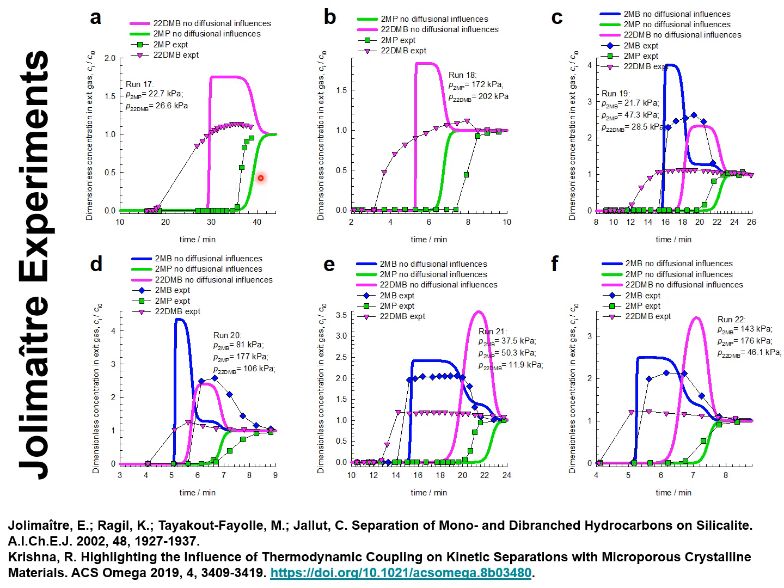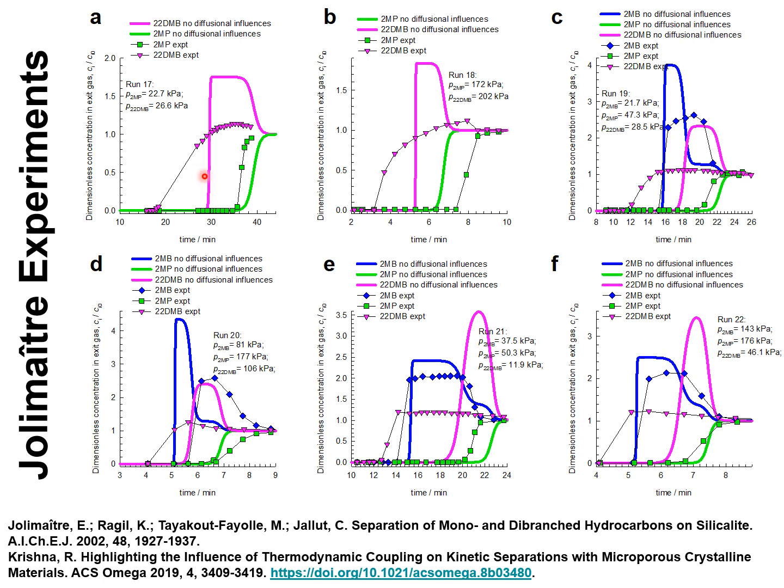The continuous solid lines are the breakthrough simulations ignoring diffusional influences, and we note that the match is poor because diffusional influences are strong. Diffusional influences make 2,2-dimethylbutane elute from the adsorber earlier than anticipated by a model that ignores intracrystalline diffusional influences.